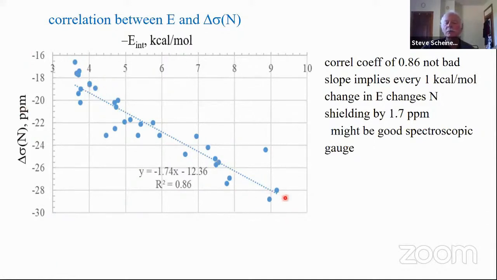There's not a great, but a decent correlation here, correlation coefficient of 0.86. So it's possible that the chemical shielding of the nitrogen, which is on the nucleophile, may be a useful indicator for experimentalists to at least approximate the strength of a halogen bond.